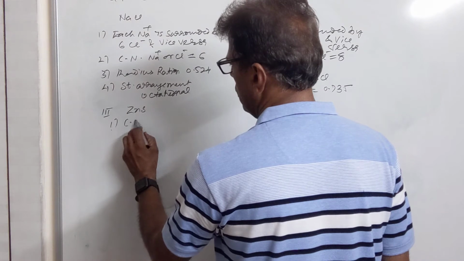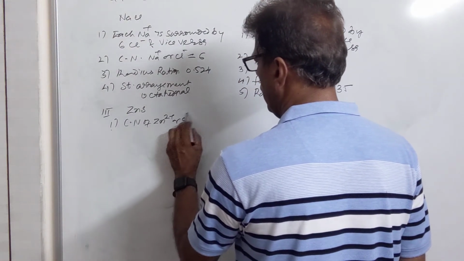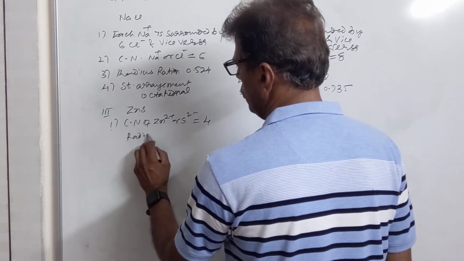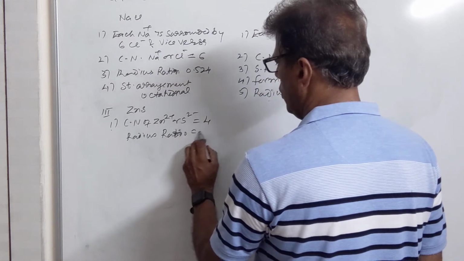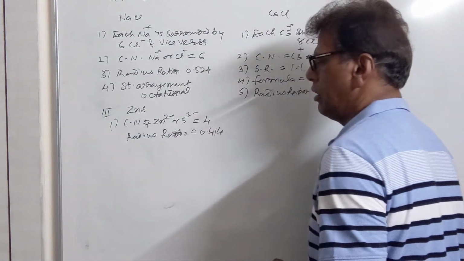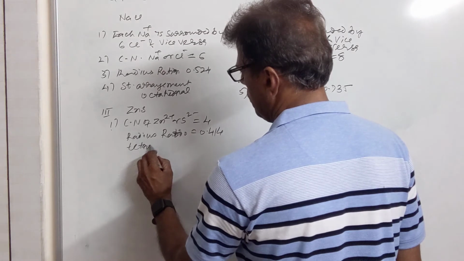The coordination number of each zinc ion or sulfide ion is 4. The radius ratio is 0.414 for zinc and sulfide ions, and the arrangement is tetrahedral.